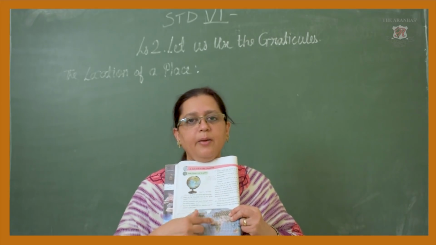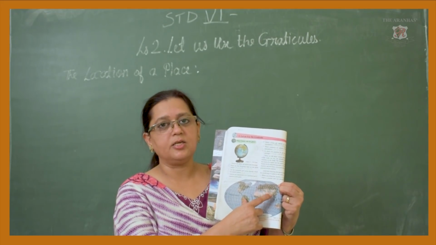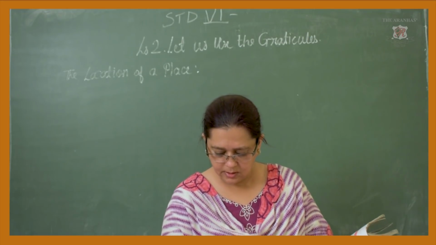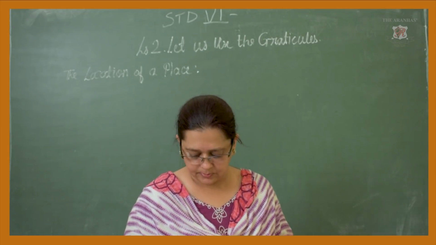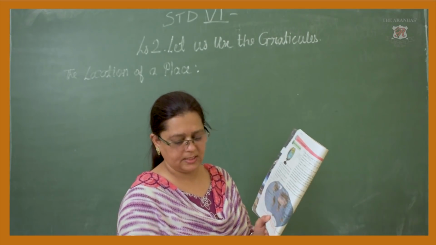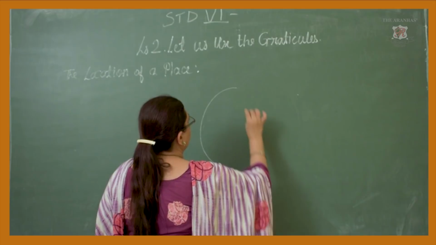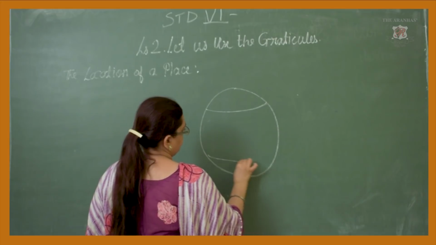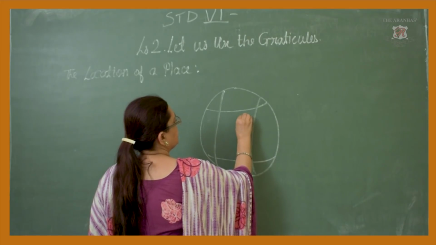Now just look at the map. You'll find India over here. In India, we'll talk about Delhi. How can we find the location of Delhi? If you zoom in and see over here, Delhi is somewhere over here.